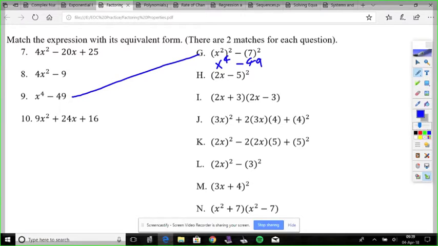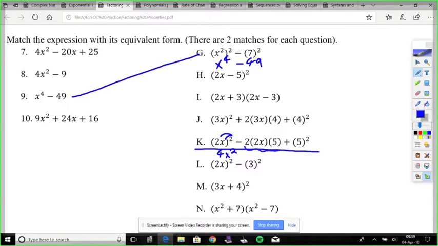Let's see. It's tricky to match, for sure. I'm trying to figure out a good way of explaining how to match them. I know what they are, but I don't know how you'd see them. If you look at K and you simplify, this would be 2x squared. Now 2x squared, you square both of these, so it's 4x squared, right?